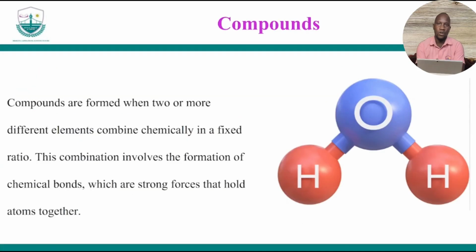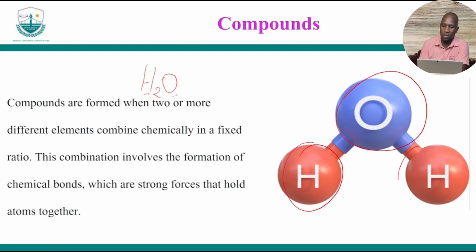So we know what compounds are. Compounds are when you have elements combining through chemical bonds with fixed ratios. So let us say we have water being formed. Water is a simple molecular compound that has hydrogen and oxygen, just like what you see here.